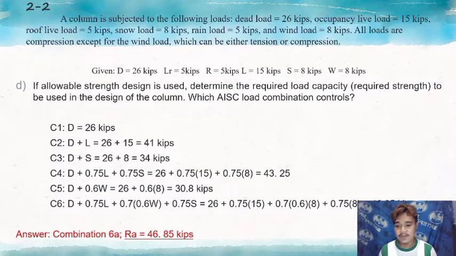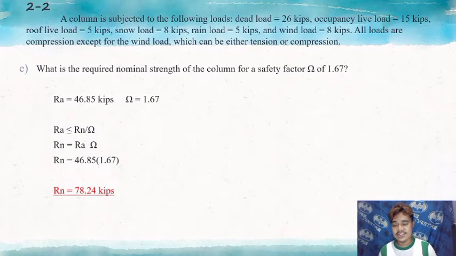So the combination that we're going to use for the design of the column, our required strength, is combination 6, which is 46.85 kilopascals. For our fifth question, what is the required nominal strength of the column for a safety factor of 1.67?